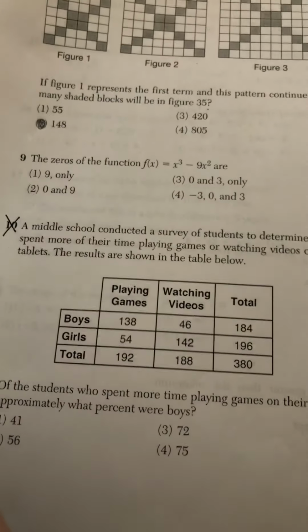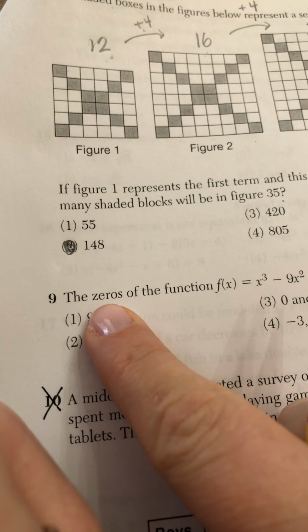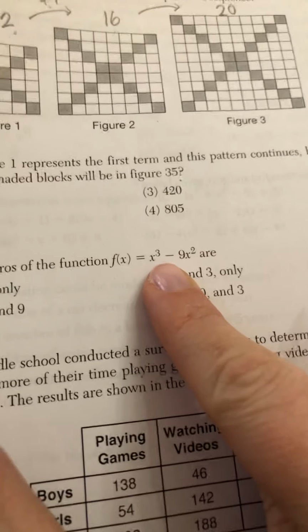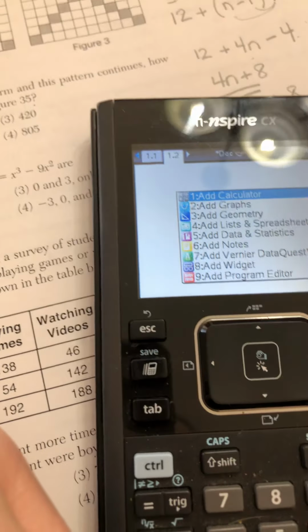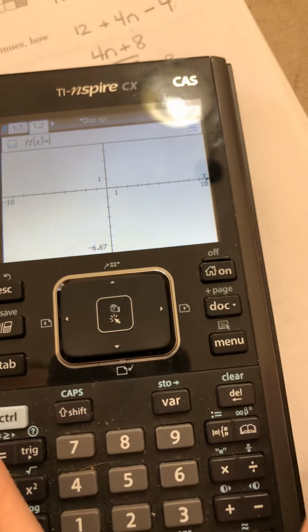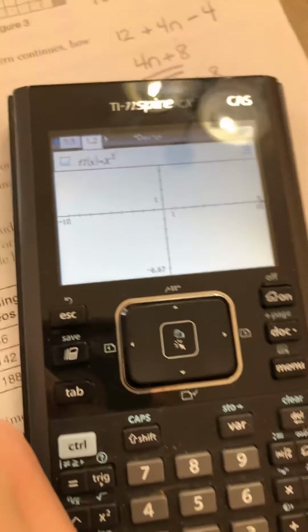There it is. Okay, take a look at number 9, the zeros of the function. And another name for a zero is a root. It is where this graph hits the x-axis. So option number 1 would be to go to a graph and graph x to the third minus 9x squared.